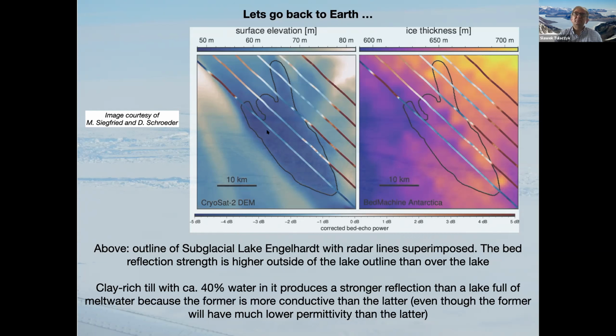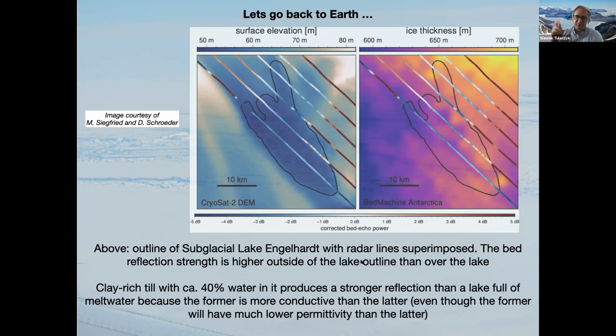strong reflectivities, the blues are low reflectivities, and actually the reflectivities are higher outside of the lake than they are over the lake. If you would use the permittivity-only formulation for bed reflectivity, it would make no sense. But if you incorporate the fact that till, which is what surrounds the lake here, is clay rich, we know that from samples that were brought up to the surface decades ago.